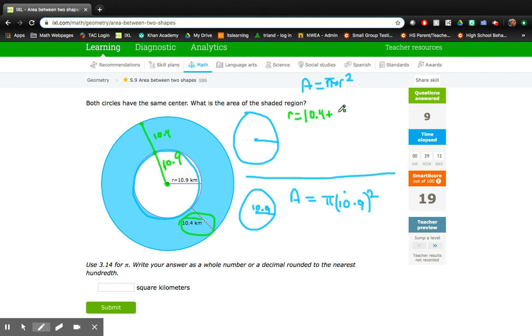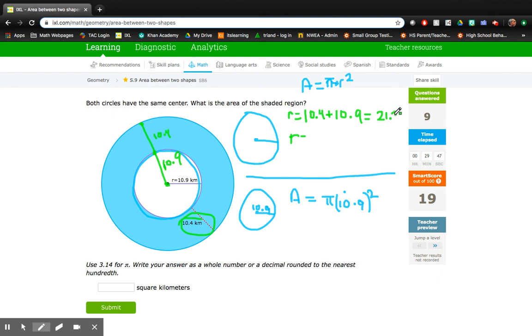So in the previous two examples, this would be your step 2, right? Adding the given to the small radius. And so 10.4 plus 10.9 is 21.3. So the big radius here is 21.3.